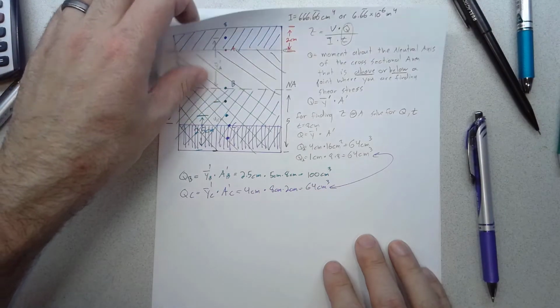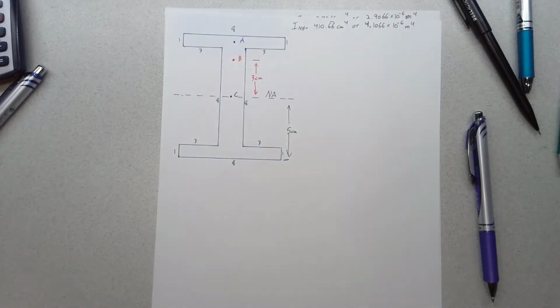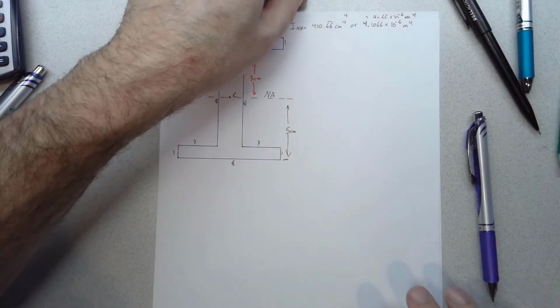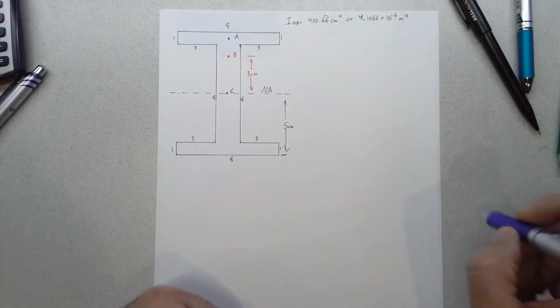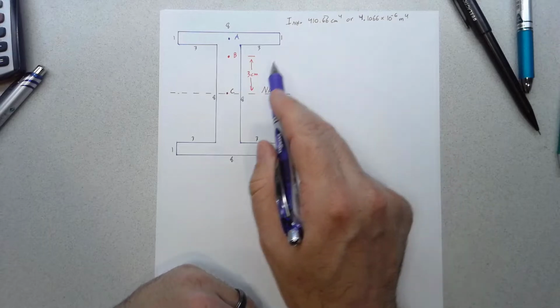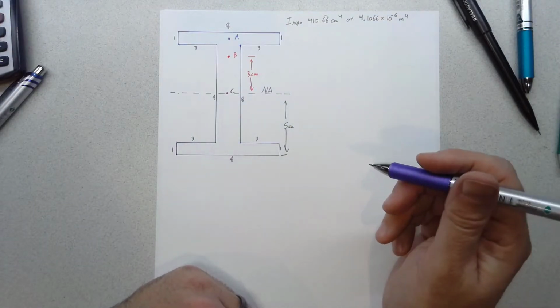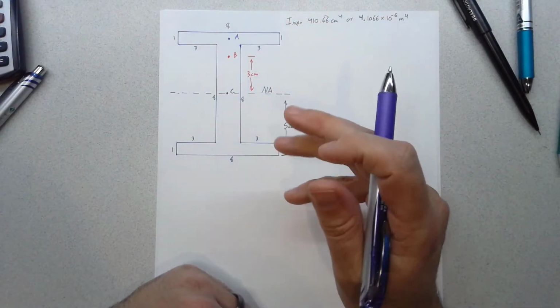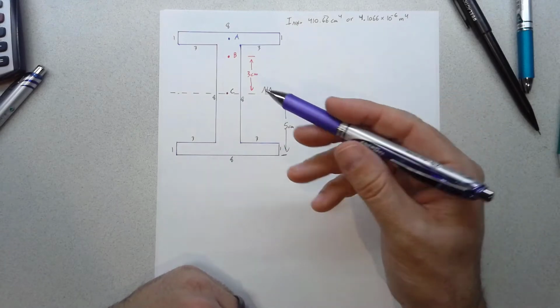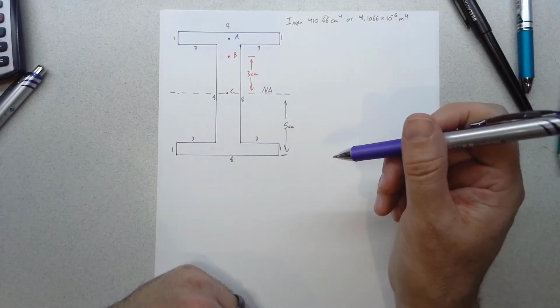So for the next shape, let's look at the I section that we've previously found the moment of inertia for. So we got our moment of inertia about the neutral axis. Again, we're now focusing on what if I'm asked to find shear at a couple different locations here.